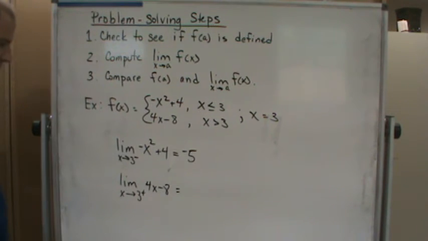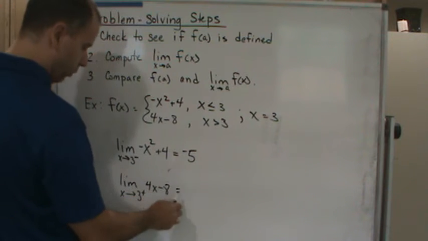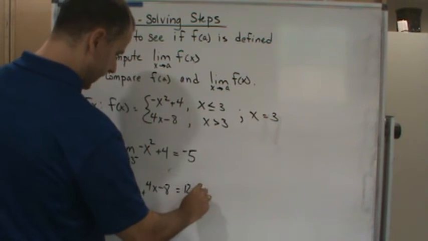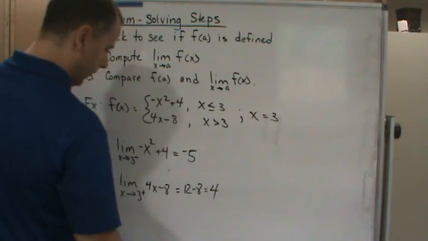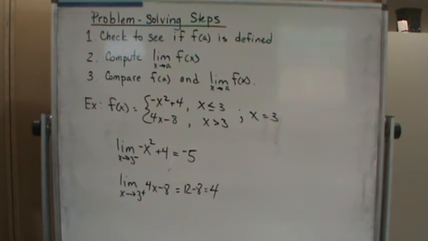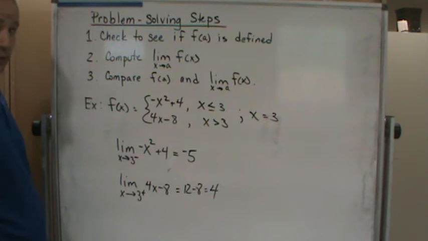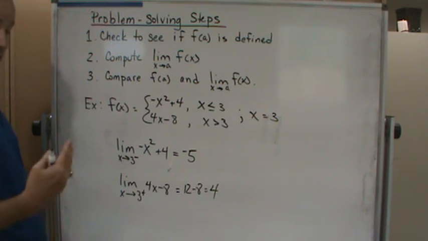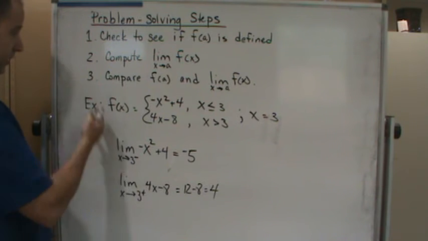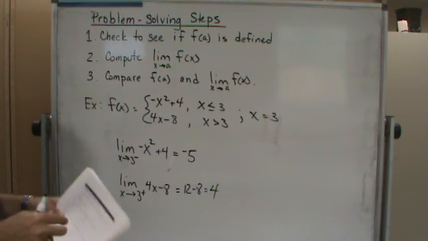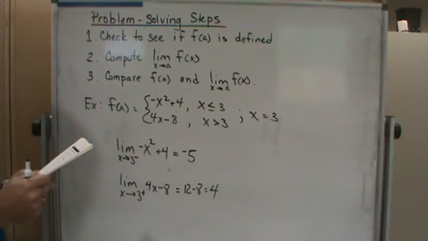And now when we plug in 3 here, what do we get? Well, we get 12 minus 8, which gives us 4. Okay, so that means because the left side and the right side do not give us the same limit, the limit doesn't exist, and it fails condition number 2, and we're done. So this is not continuous at x equals 3.